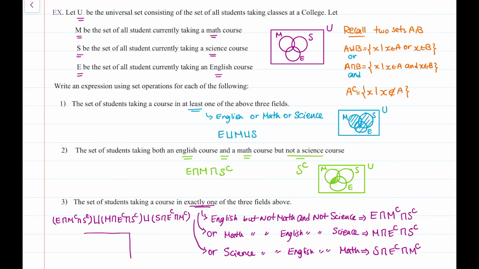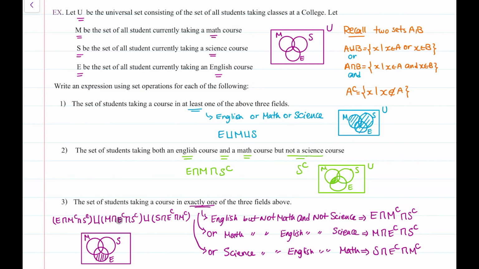Okay, now if I want to have the Venn diagram, it will look like this. I have my cases: M, S, and E. The first one is all the elements of E intersection with M complement, which means all the elements of E that are not in M and not in S. So all the elements of E are here, but I don't want them to be in M and S. So it would be this area.